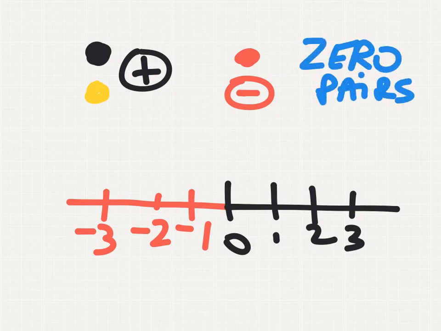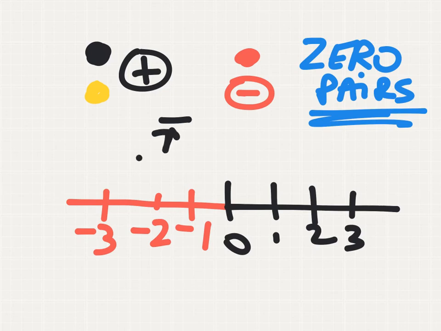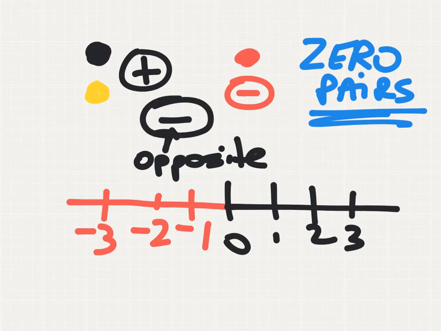Anytime you feel stuck when it comes to using models, think about whether adding or eliminating 0 pairs might help you out. One other thing I pointed out is it might be an advantage to you if you can sometimes read subtraction or take away as opposite. Whenever we're dealing with the combination of integers using this symbol, it can be useful to read it as opposite and help you with understanding direction on a number line.